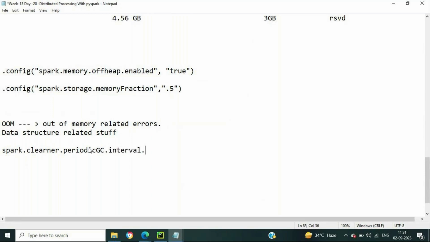There are certain other properties as well. I'm just sharing the main properties only.